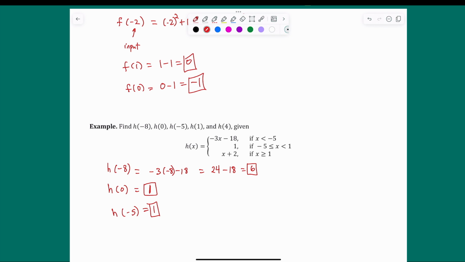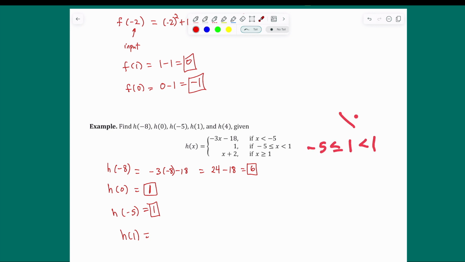All right, h of 1. Once again, let's check to see what happens here. First, is 1 less than -5? That is not true. Therefore, we check the next inequality. Is -5 less than or equal to 1 less than 1?